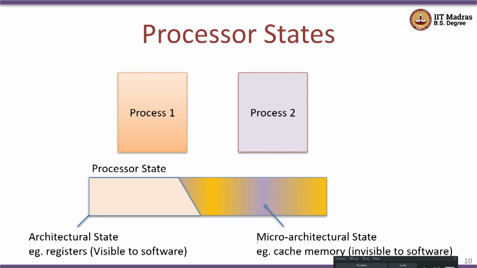So, what this means is that even if process 2 continues to execute after the context switch, your microarchitectural state, for instance, in the cache memory or the branch prediction logic or any of the FIFOs or queues present deep in the processor, would still hold data of process 1. So, if process 2 is able to read out of this microarchitectural state, it may be able to gain some information about process 1.